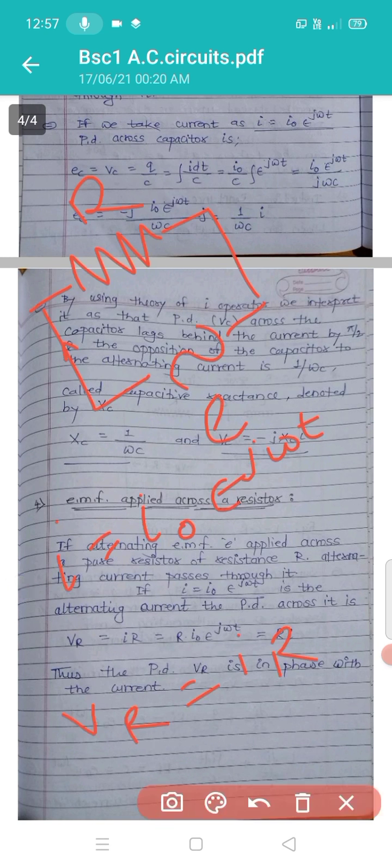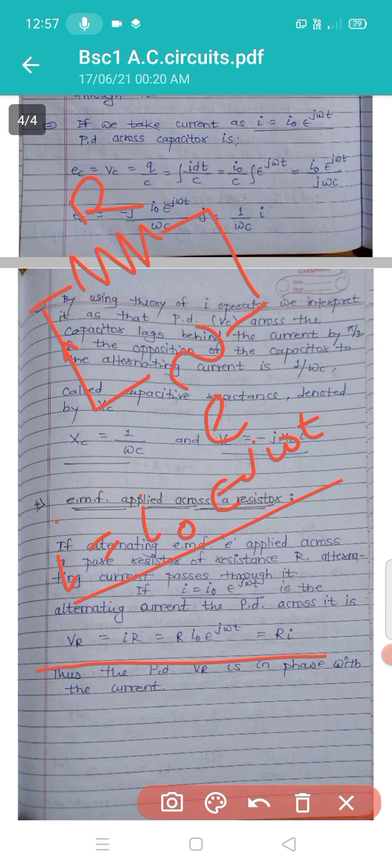Here we already derived it. VR is equal to IR, that is equal to, we have the value of I, that is I naught epsilon raised to j omega t. Put the value of I, we get R into I naught epsilon raised to j omega t, that is equal to R into I. Thus the potential difference VR is in phase with the current.